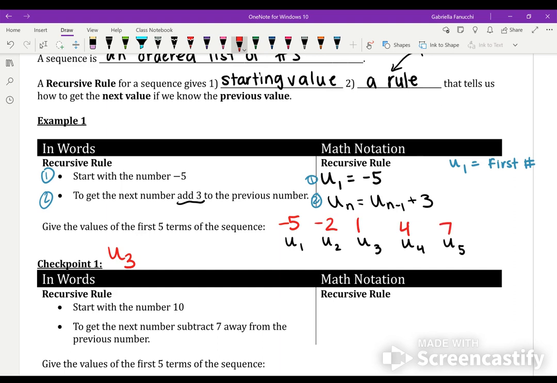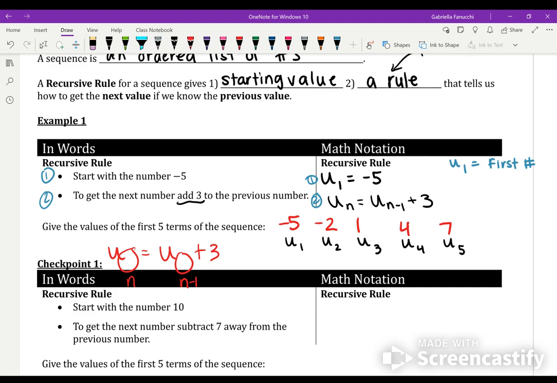If I was to know that u sub 3, I'm going to take the second term and I'm going to add 3 to it. Well, if you look here, this is the next number, and then this is the previous number, so we subtract 1 from it. Same thing, you do that every single time.